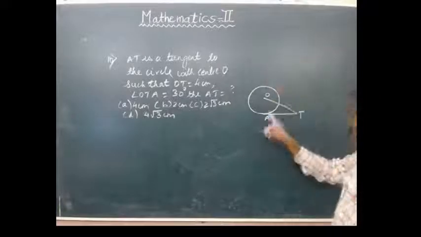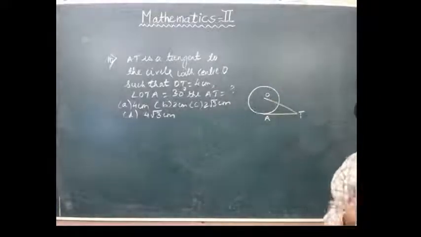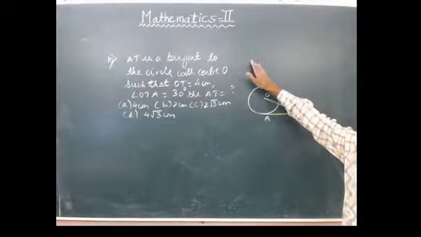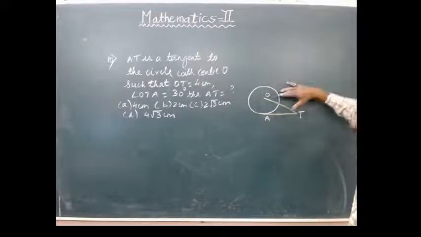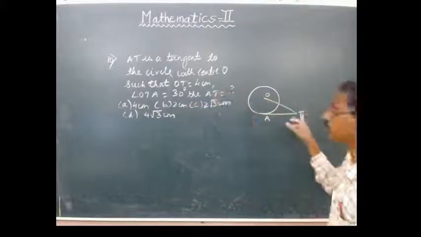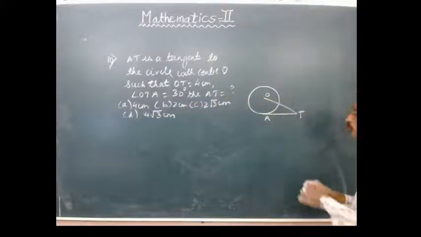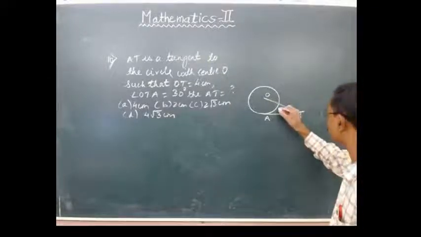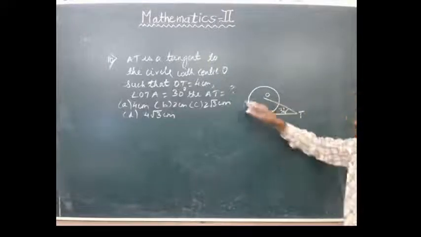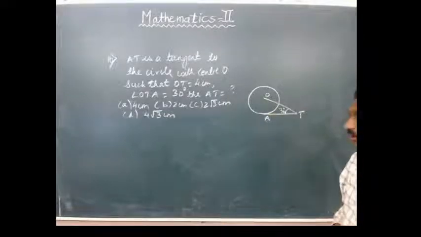AT is a tangent to the circle with center O such that OT is equal to 4 centimeter. Angle OTA is equal to 30 degrees. Then AT is how much?